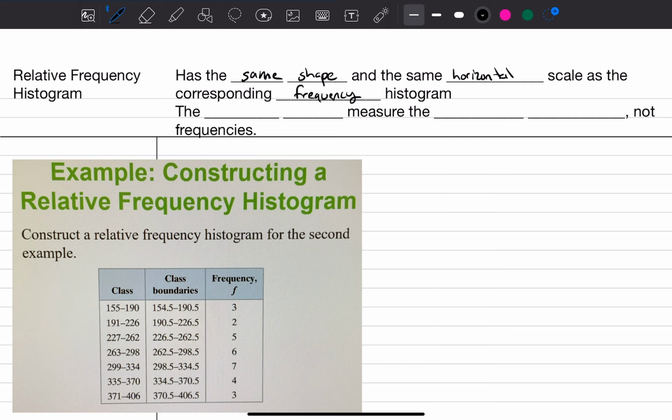So this is a relative frequency, which means decimals or percentages, but it'll be the same thing as a frequency histogram. The only thing that changes is the vertical scale, because instead of the vertical scale measuring frequencies, now it is measuring relative frequencies.